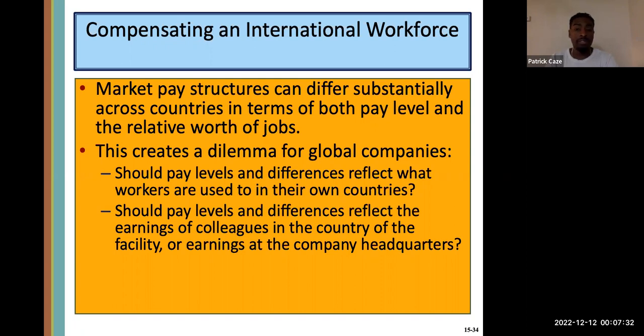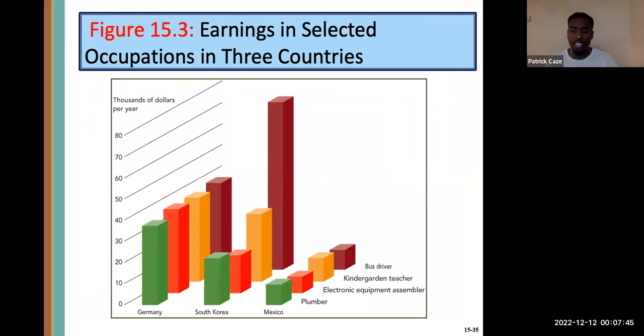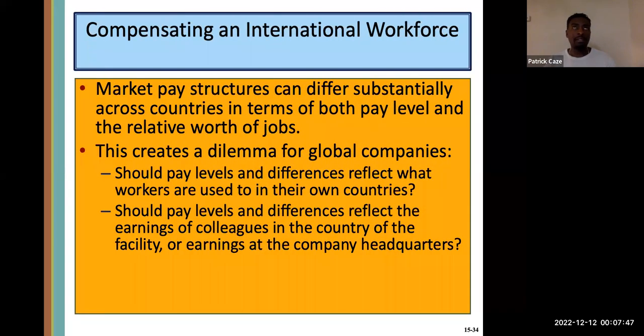Should pay levels and differences reflect what workers are used to in their own countries? Should pay levels and differences reflect the earnings of colleagues in the country of the facility, or earnings at the company headquarters? So again, this is really a question about what the standard, what the norm is in that particular area, right?